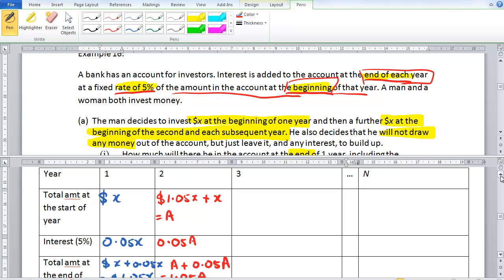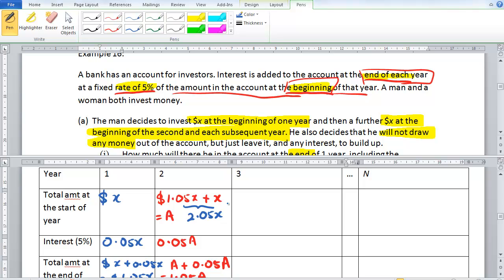Let's scroll up. Now, over here, when I was analyzing the amount that he has at the beginning of year 2, I could have added this to form 2.05x. But I didn't do that because sometimes in such questions when we oversimplify, it can actually make us lose the pattern.